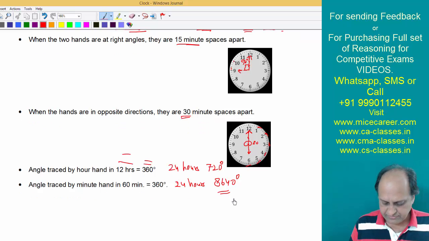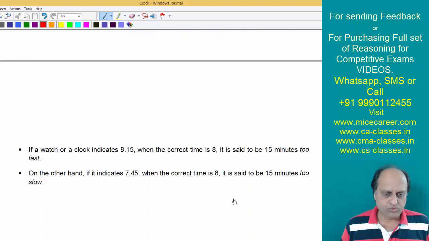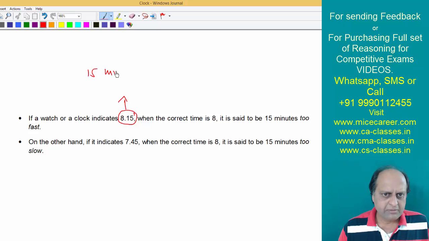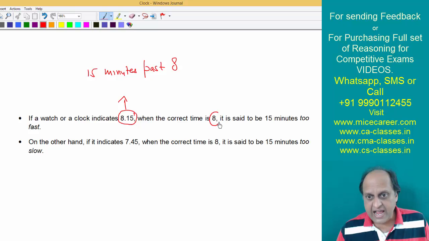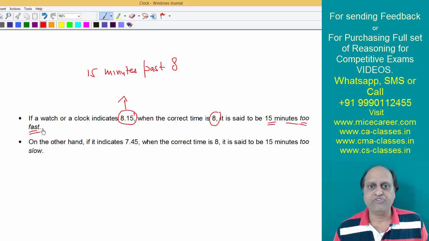Are you enjoying? Now I'll make you aware of two more terms which we have to understand. Thereafter we can start with various questions. If a watch indicates 8 hours 15 minutes, that is 15 minutes past 8, while the correct time is 8, it means the clock is 15 minutes too fast.